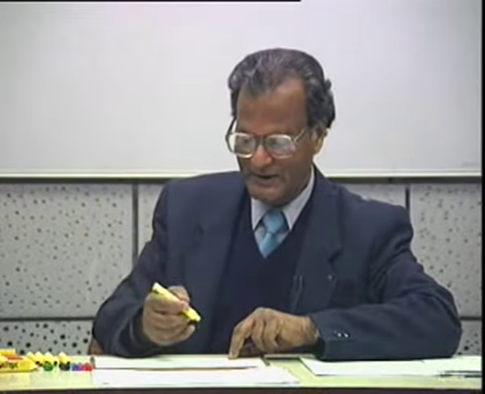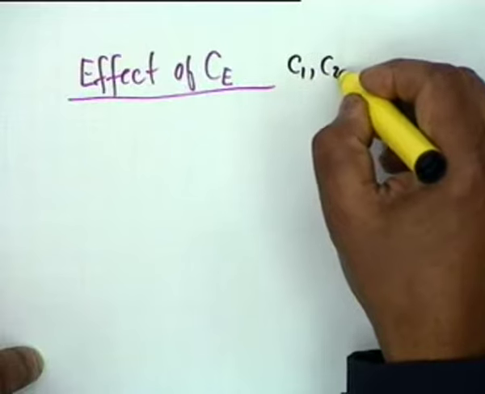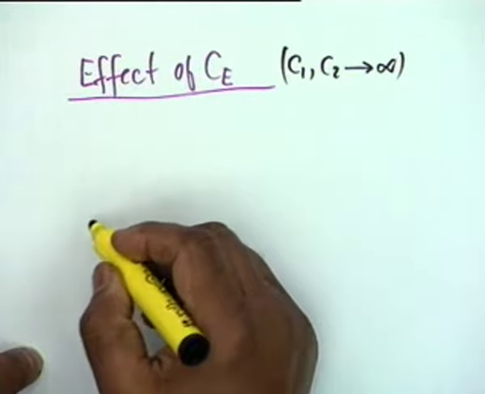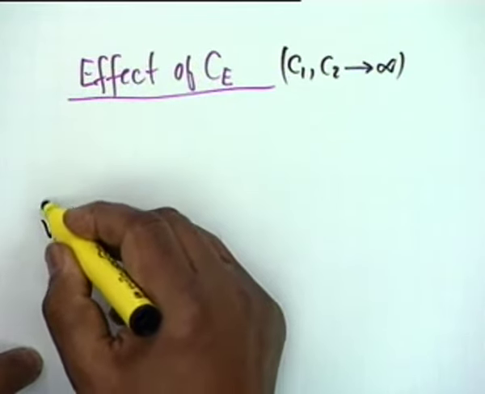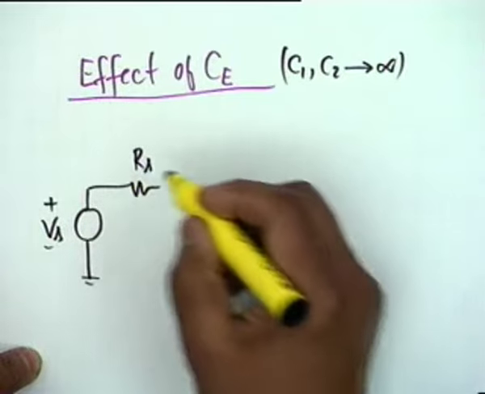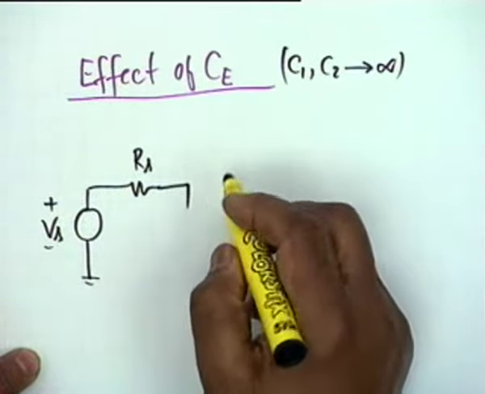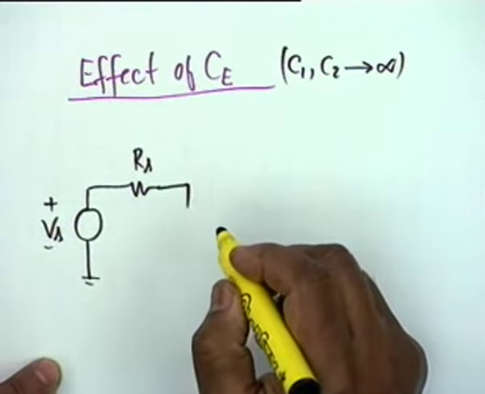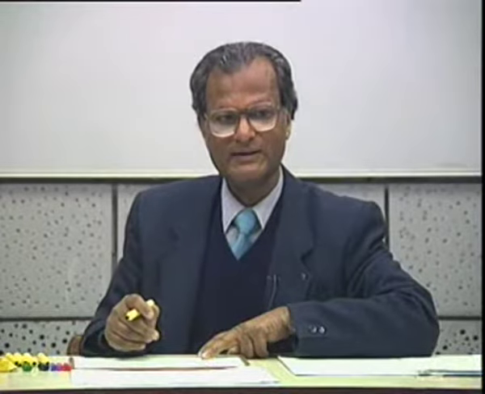Look at the effect of CE, we consider C1 and C2 to go to infinity. Okay, let's look at the equivalent circuit. Then the problem that is in our hand shall be clearly understood. We have an RS and we have C1, C2 goes to 0 or infinity. They act as short circuits.